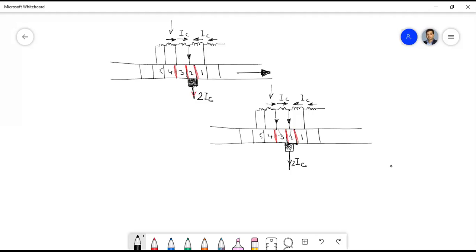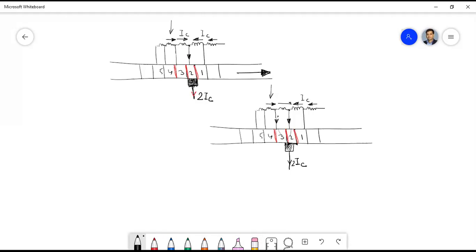Are you getting? If this is my coil 1, so that means between 3 and 2, what will be the current in this coil? This current will no longer be IC.